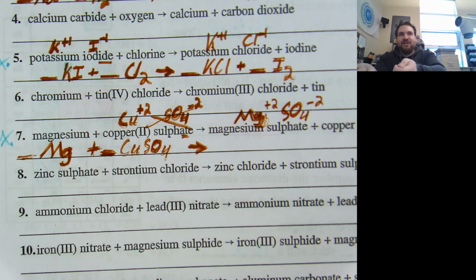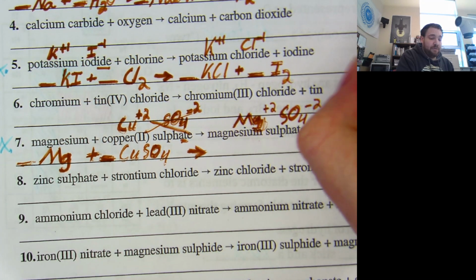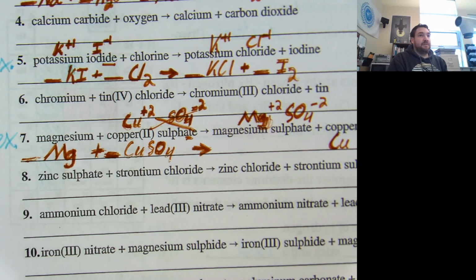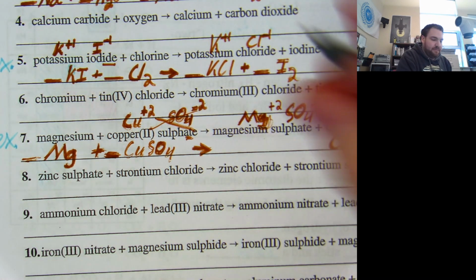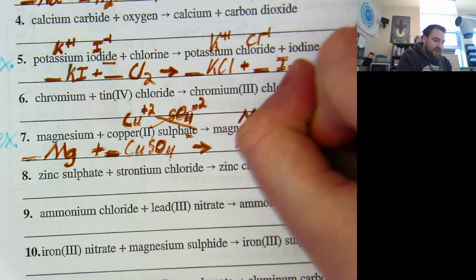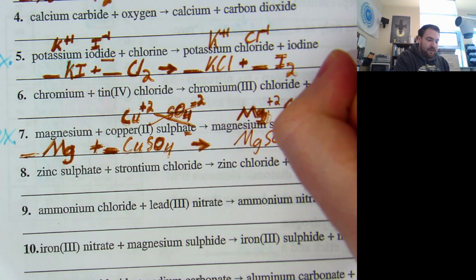That's always what happens, right? She gives back the sweatshirt. And now copper's on its own. No charge now, because copper has what it came with. It's got its electrons back. And now magnesium sulfate, MgSO4, is what is created.